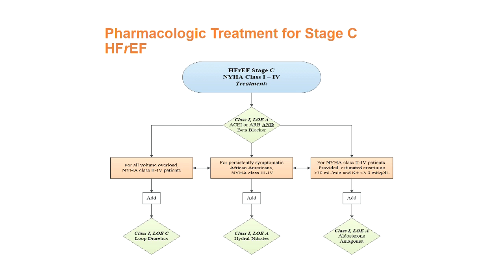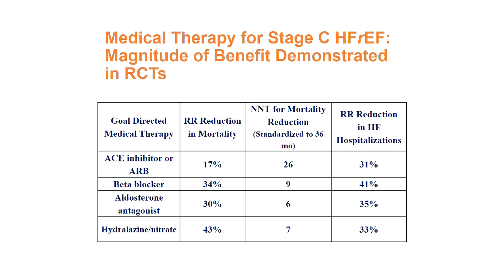Otherwise, the class 1 level of evidence A is for an aldosterone antagonist, or aldactone, or eplerenone can also be used. And those are as indicated per the guidelines. So loop diuretics only help the symptoms, do not help anything with the morbidity, mortality.